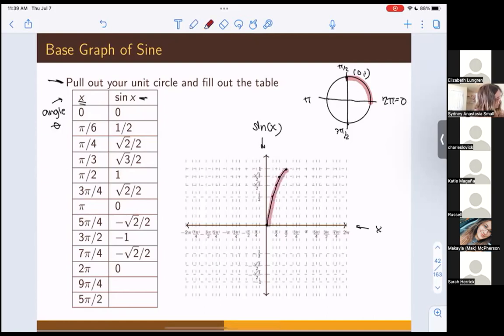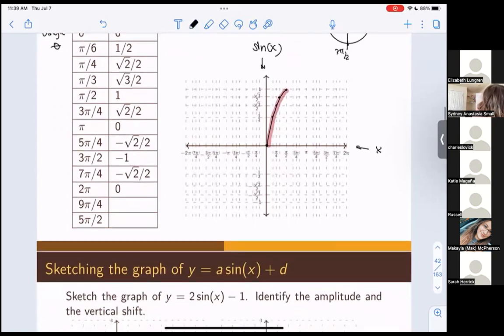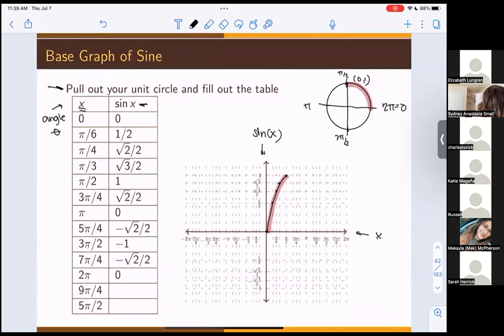Now let's keep going a little bit. Think about the sine of 3 pi fourths. That is also root 2 over 2. So we're going, oopsies, we're going back down a little bit. Sine of 3 pi fourths is just root 2 over 2. And then the sine of pi, we're back down to 0, which makes sense because the Y value at pi is 0.